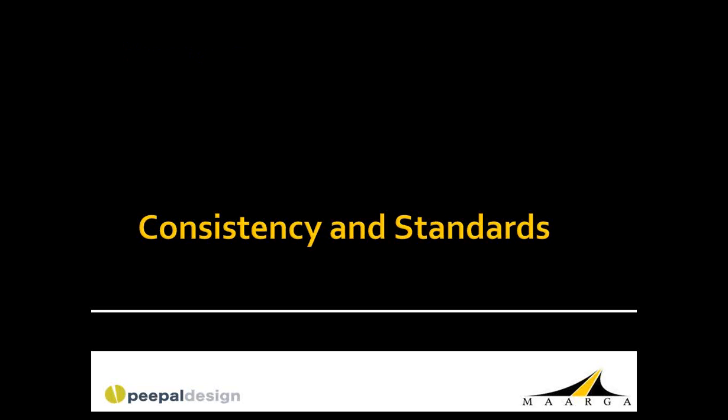That's what we mean by consistency. And on top of it, we are talking about standards. And when we're talking about standards, we are talking about platform standards. So trying to adhere to platform standards is a big plus because users already come with a certain amount of knowledge and learning about how things work in that kind of an environment.